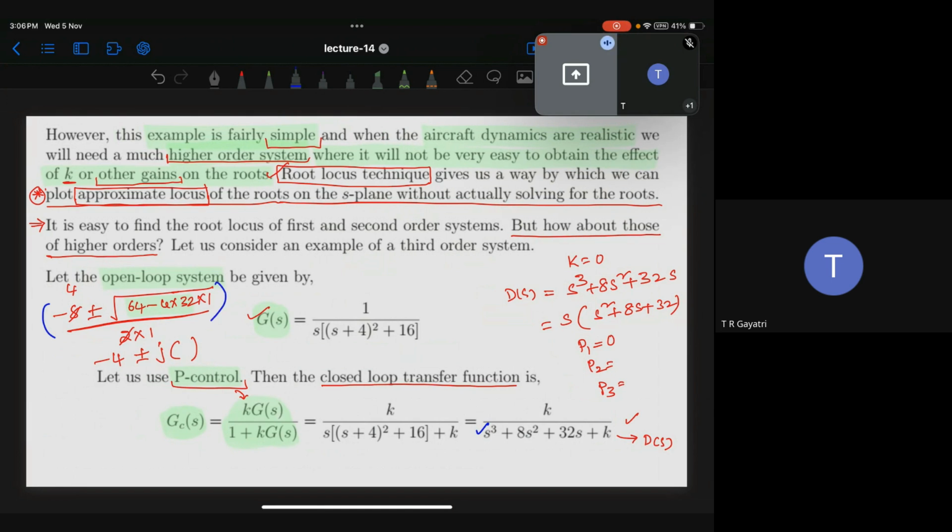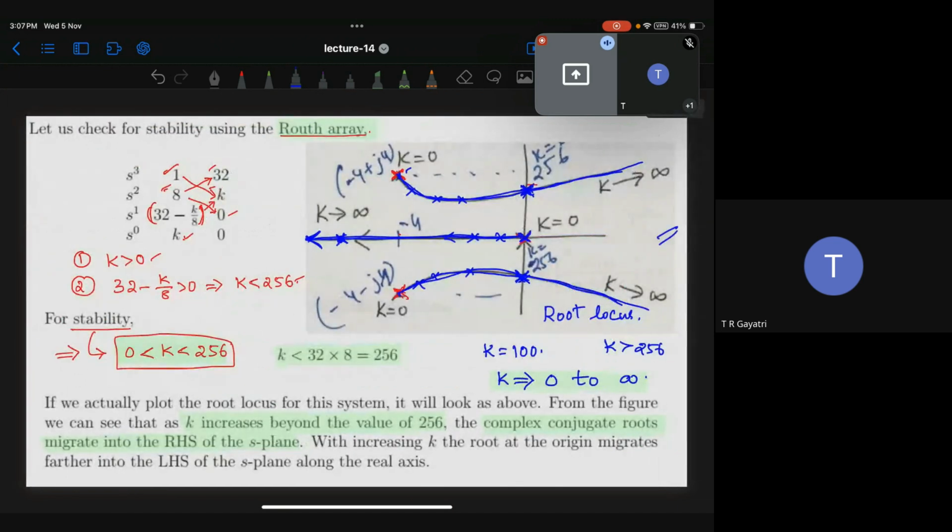So the root locus technique gives us some systematic steps to draw this root locus plot. Once we have the plot, we can easily see where the poles are starting and which direction they are moving.